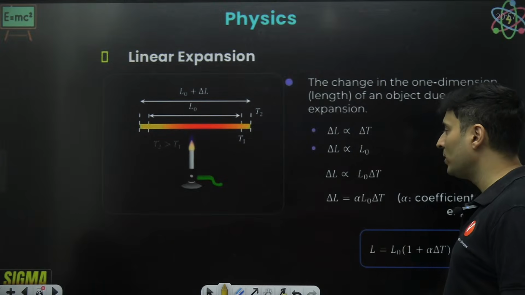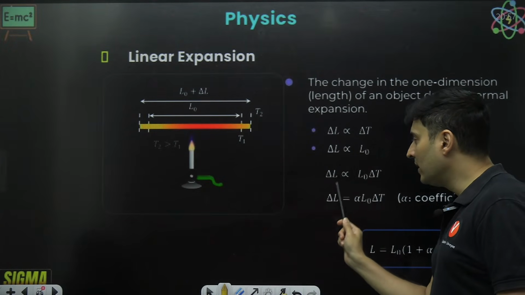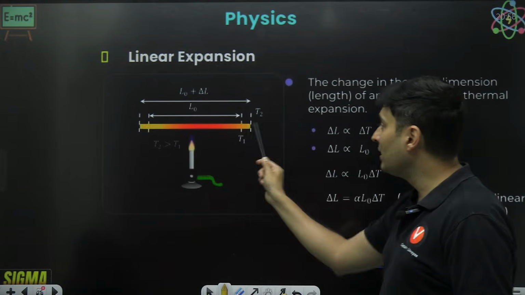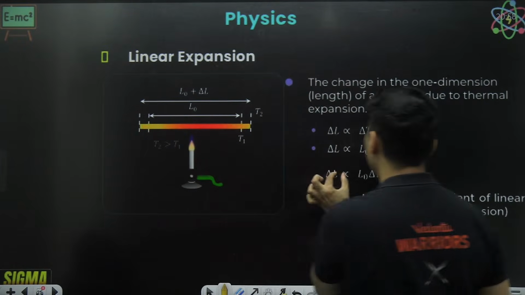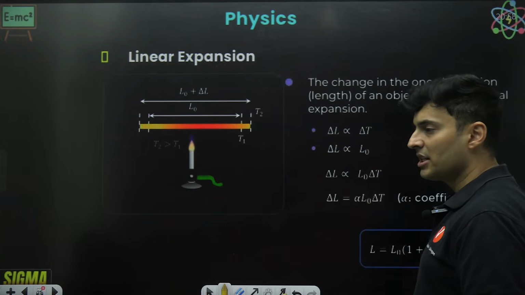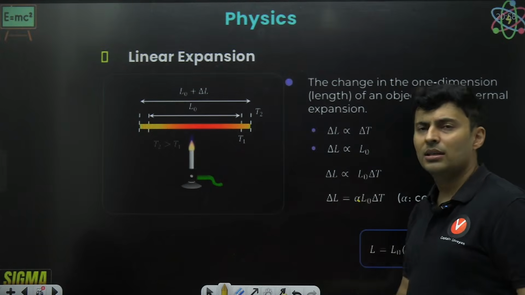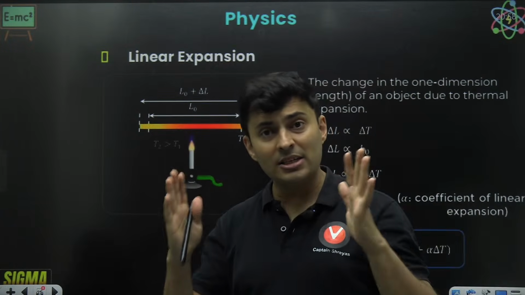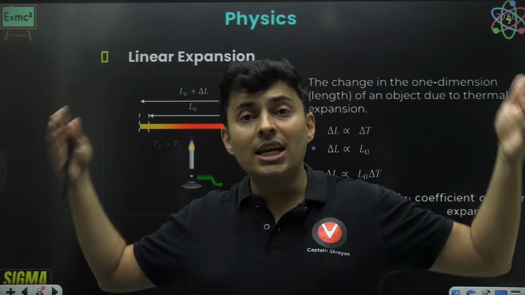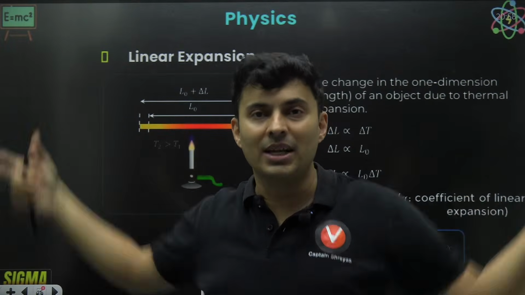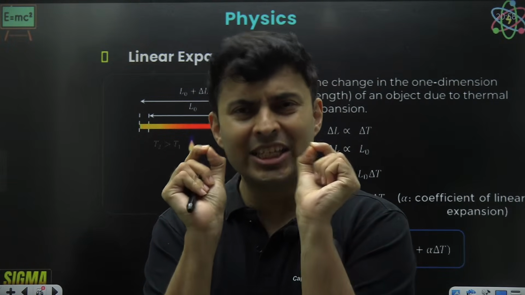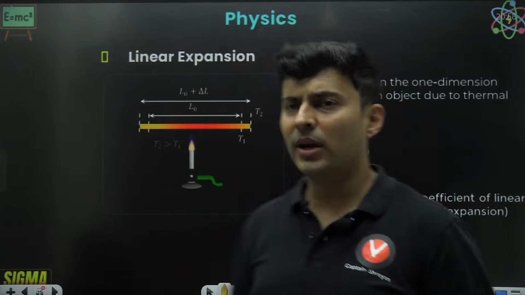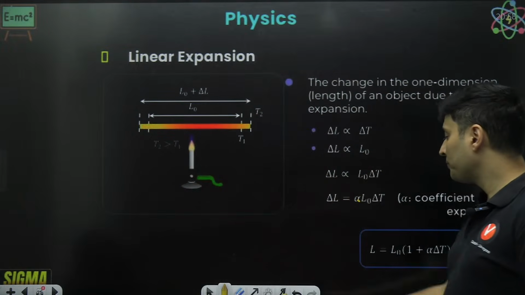So L naught into delta T is the change in the length. Original length was this much, and it has changed by delta L because the temperature changed by delta T. If the original length is bigger, the change in its length is also bigger. If the object was small, its change is also small. That is what this point refers to.